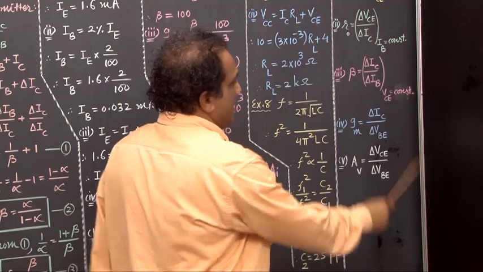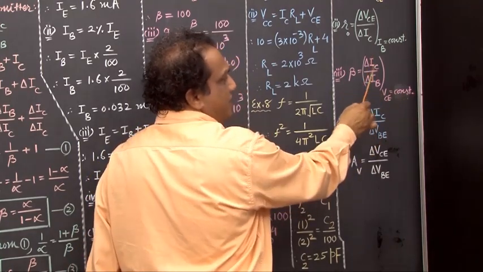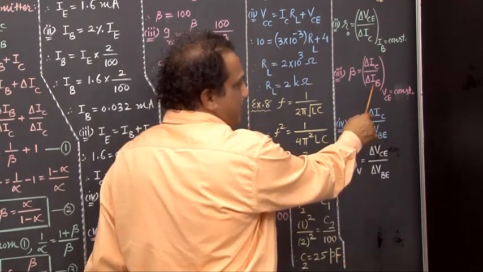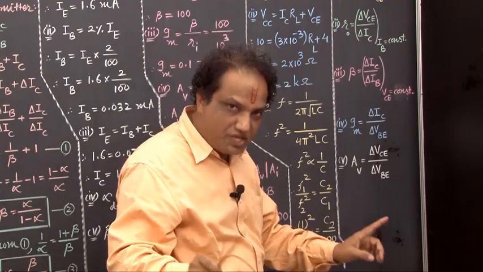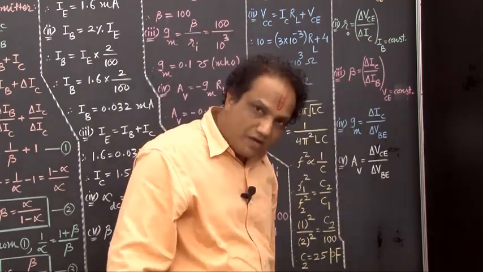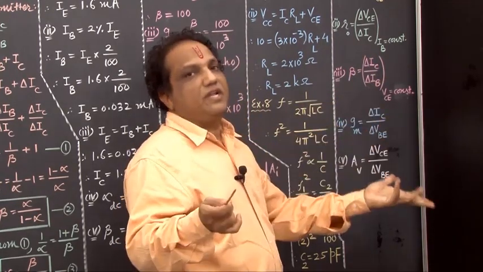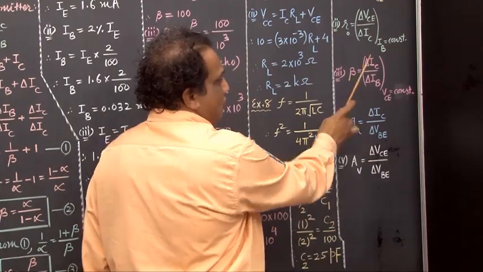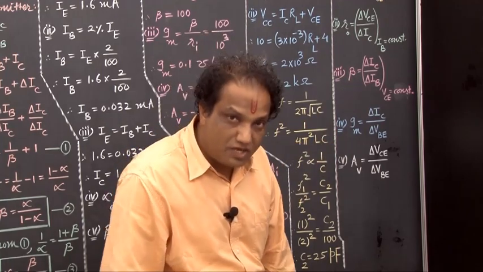I repeat, at constant collector voltage, the ratio of change in collector current to the corresponding change in base current is called current gain of a given transistor, shown by symbol beta. Because it is a ratio of identical physical quantities, it has to be unitless. Fine. And its value is found to be between 10 to 1000.